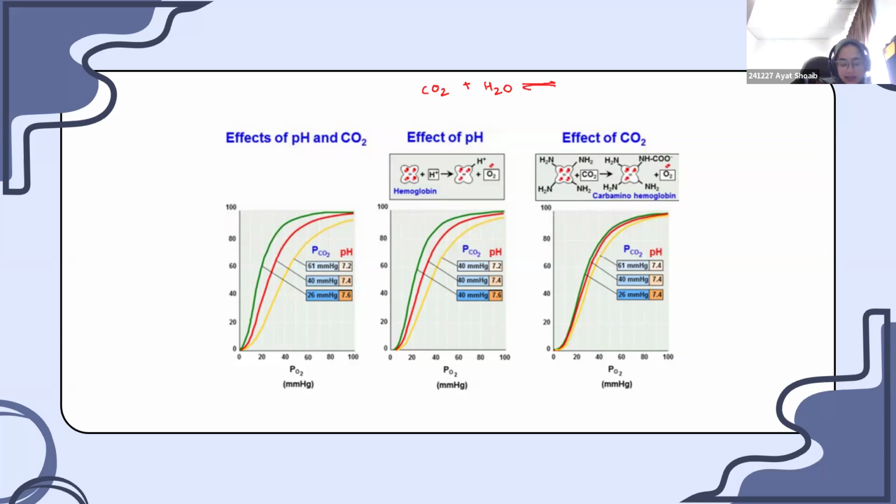What this does is it gives you HCO3 minus and it gives you H plus. You don't really need to learn it, but it's better if you know it. You take this oxygen, you give it here, you get HCO3, and then you take another hydrogen, you give it here, you get H2CO3.